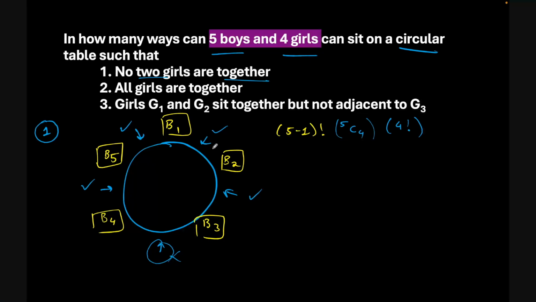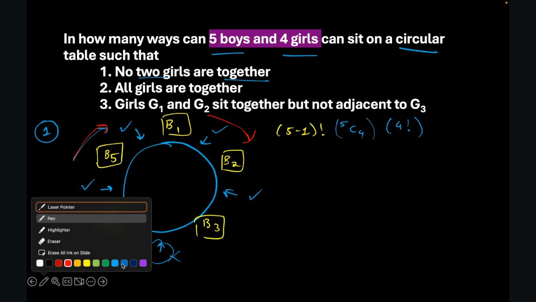These 4 arrows are no more a circular arrangement. They're kind of like a line that's going like this. So that is why I'm doing 4 factorial, not 3 factorial.